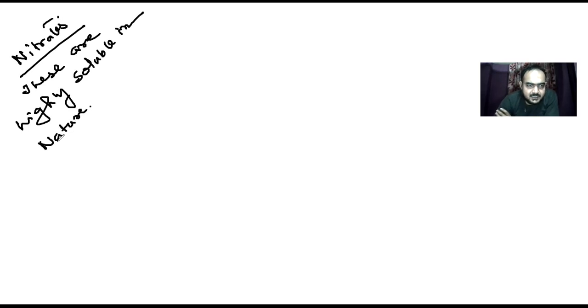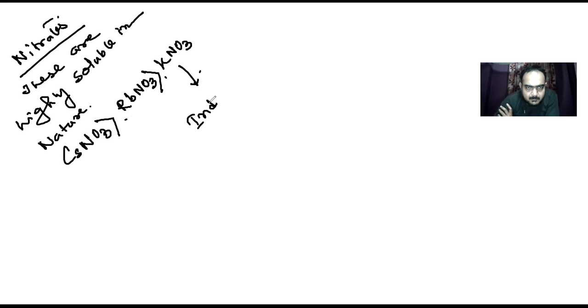So the thermal stability of the nitrates: CsNO3 is greater than, this is known as Indian saltpeter, NaNO3, Chile saltpeter, than your LiNO3.